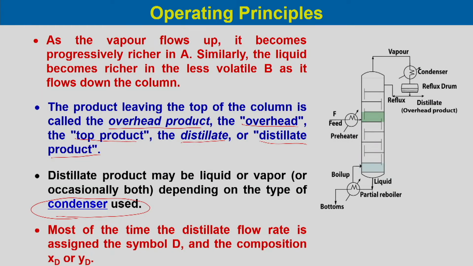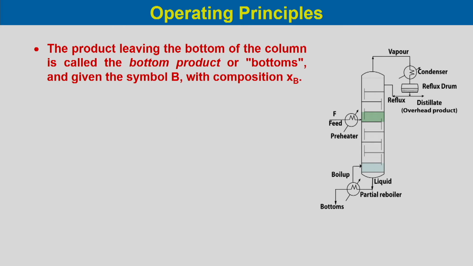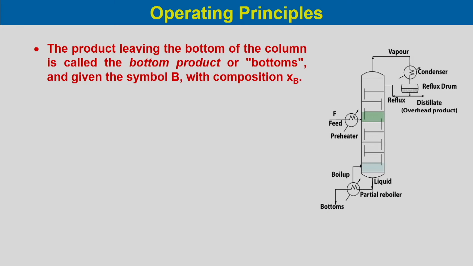Most of the time the distillate flow rate is assigned the symbol D, and the composition is XD or YD, depending on the product you are taking out. The product leaving the bottom of the column is called the bottom products or bottoms, and given the symbol B with composition XB.